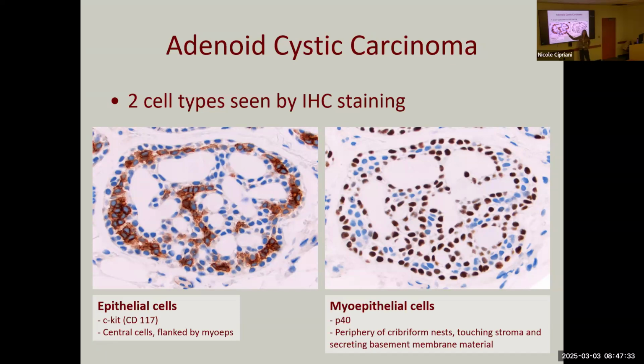Always P40 and c-KIT should be on your mind for staining, because if you see this kind of pattern, you have narrowed your differential into a biphasic tumor. You can see that in adenoid cystic, the cribriform kind of makes like a sandwich, right, with the epithelial cells in the middle. And so the myoepithelial cells secrete that mucin into these spaces, which is why these cribriform spaces have that bluish material, right?